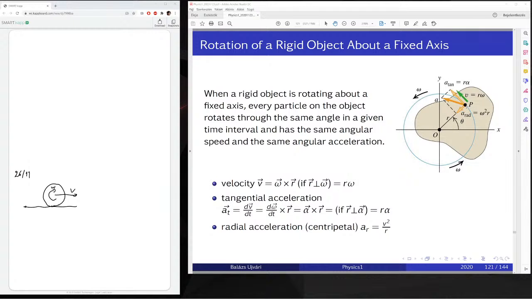If you also increase the rotation of the system, that means you have this angular acceleration alpha that causes the tangential acceleration. So radial is omega square r, or v square over r. That comes from the fact that this is rotation and there is acceleration even if v, the speed, is constant. And if you speed up the rotation, we have a tangential acceleration, and the sum will be the net acceleration of the body.